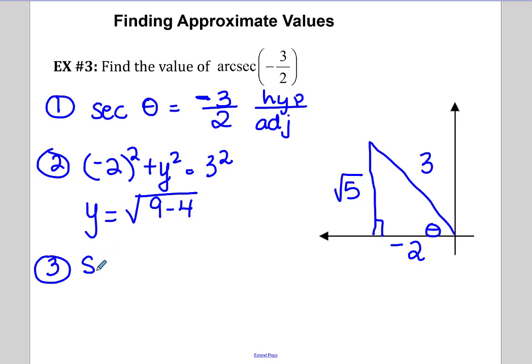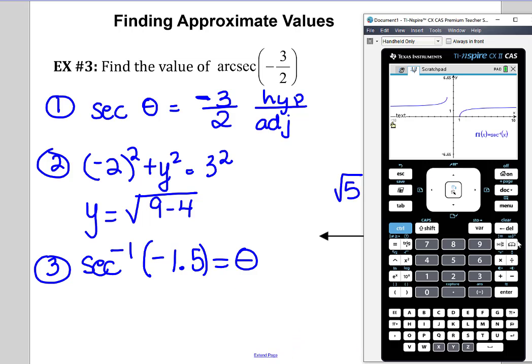is actually use the calculator and ask ourselves, using the calculator, what's the secant inverse of negative 1½? That's going to tell us our angle measurement. So we need the calculator, and secant inverse.